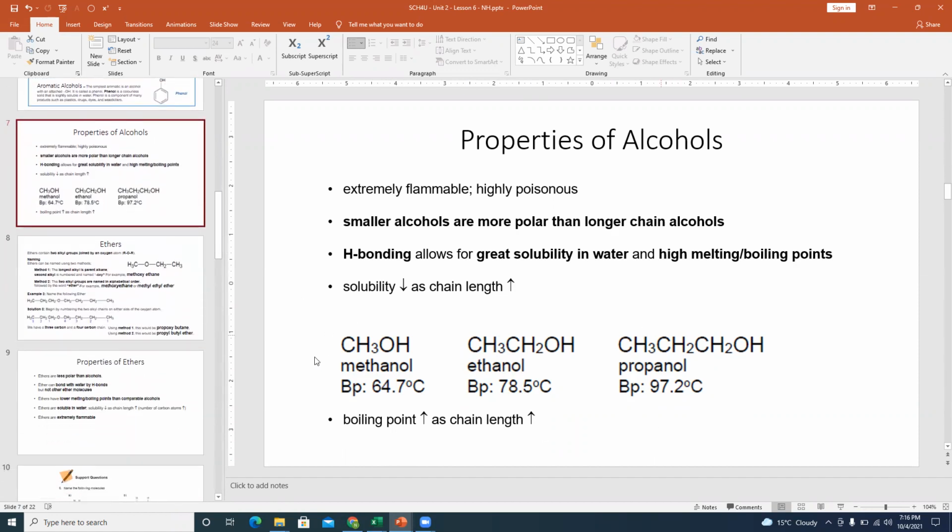And I want you to think about why it is that as the chain length goes up, the boiling point goes up. Anybody want to take a guess at why, as the chain gets longer, the boiling point gets higher?